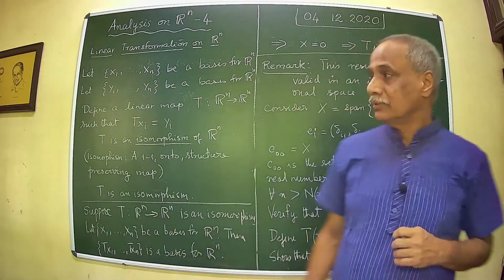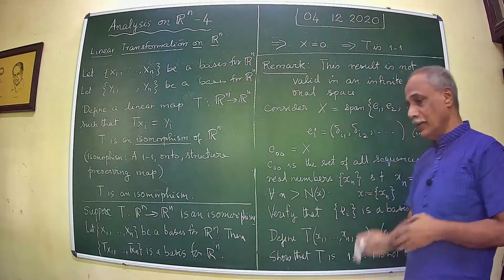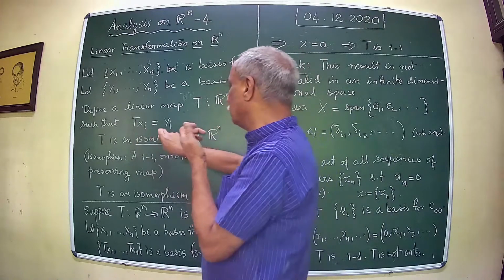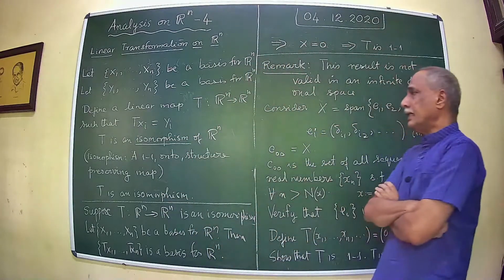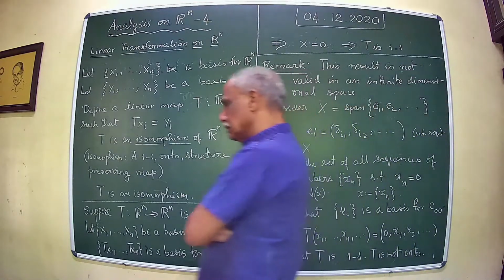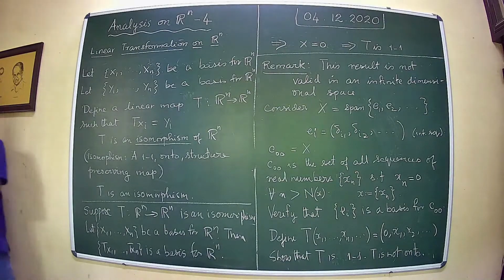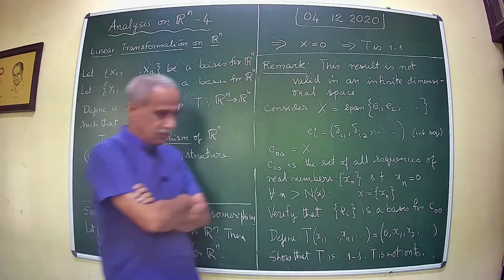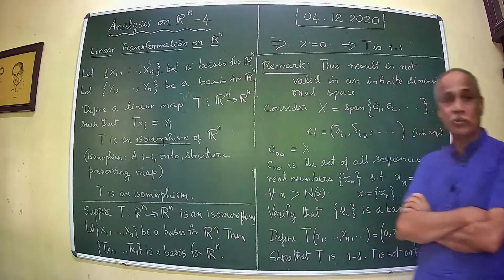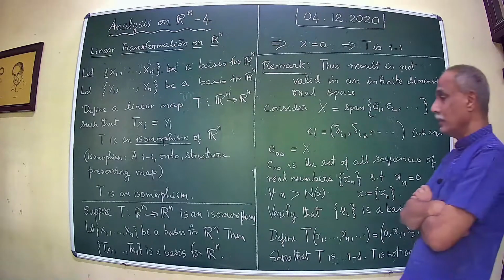Conversely, if you have a basis mapped to another basis as defined here, Txi equal to yi, then T is an isomorphism. Therefore, the two concepts are synonyms. Synonyms means one and the same. So every basis gets mapped to another basis here.